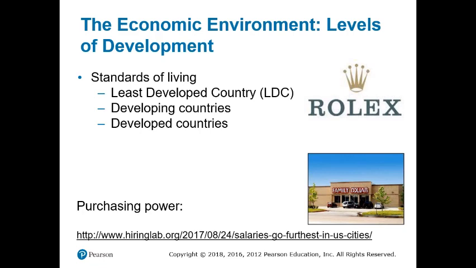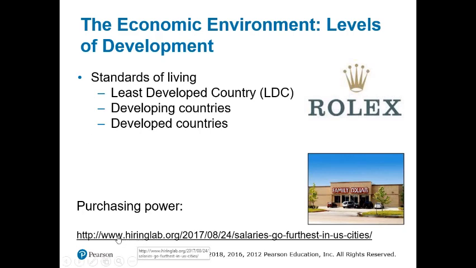Because if you are going to sell, for example, Rolex watches, which are high price, high end premium brands, for which certain socioeconomic level of consumers you would target and go after, then you have to pay attention to the level of development of countries and what is their purchasing power. Here in the United States, you can see differences in purchasing power even within the country in terms of regional differences.